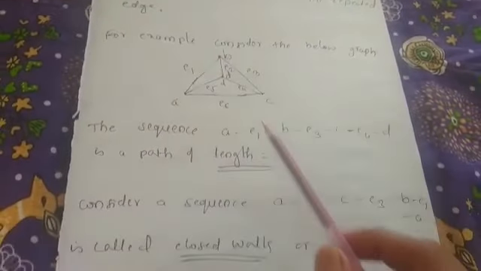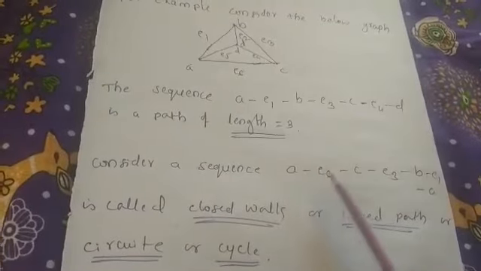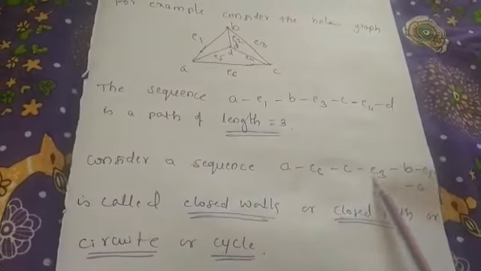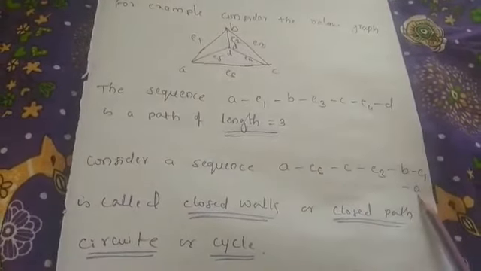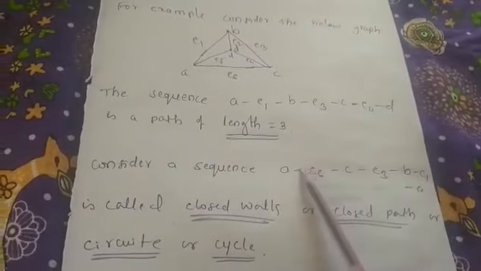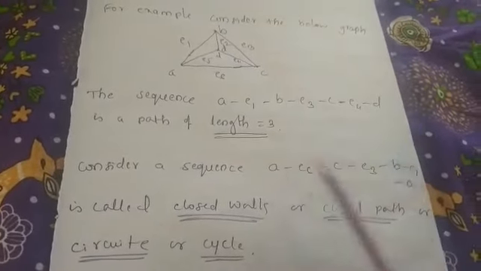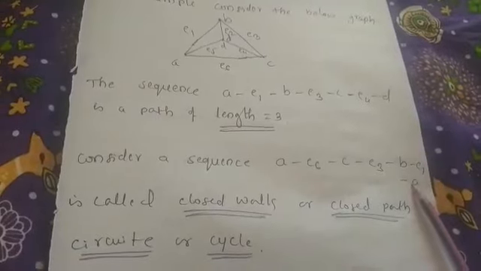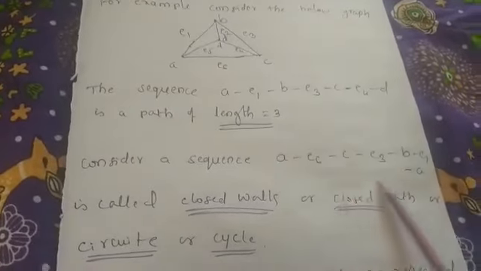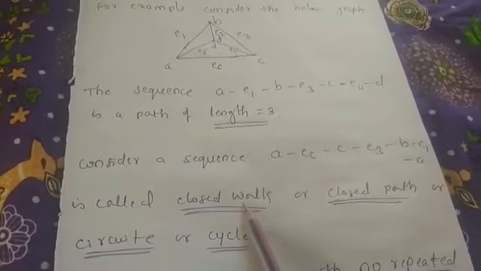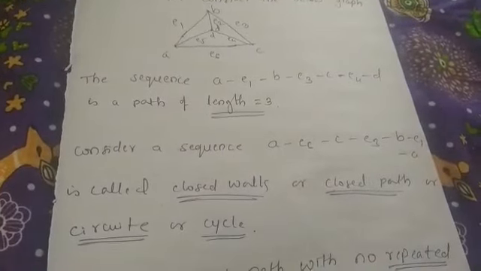We consider another sequence: A, E6, C, E3, B, E1, A. Here the starting point is A and the end point is also A. So this kind of walk or path is called a closed walk or a closed path.